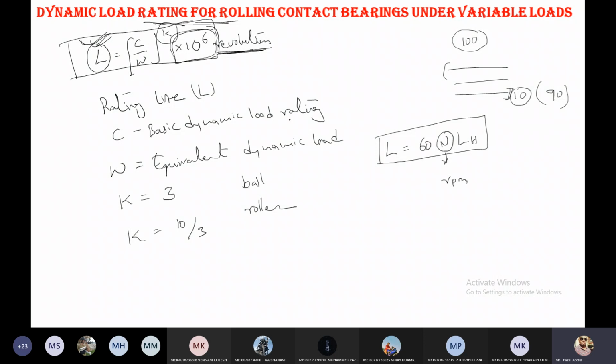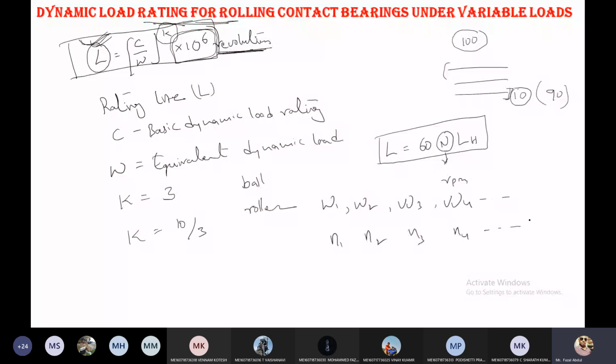Now consider one rolling contact bearing which is subjected to variable loads like W1, W2, W3, W4, and so on. That bearing has a number of revolutions: for the first type of load W1 it runs n1 revolutions, for W2 n2 revolutions, W3 n3 revolutions, and for W4 n4 revolutions.